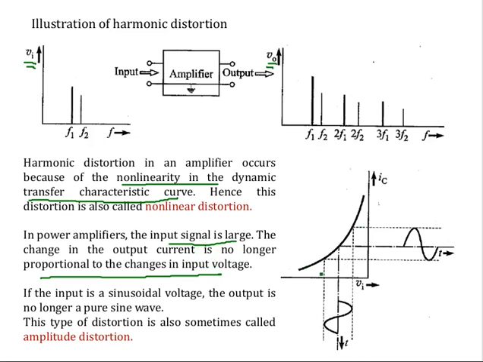So the transfer characteristic may become non-linear, and there may be slight distortion in the AC signal which is being reproduced. If the input is a sinusoidal voltage, the output is no longer a pure sine wave. This type of distortion is also sometimes known as amplitude distortion or non-linear distortion, or harmonic distortion.